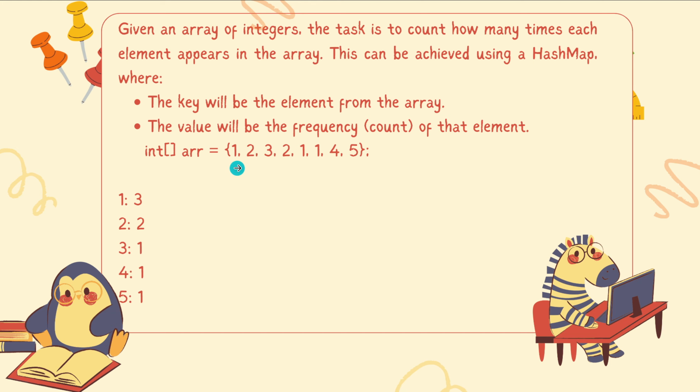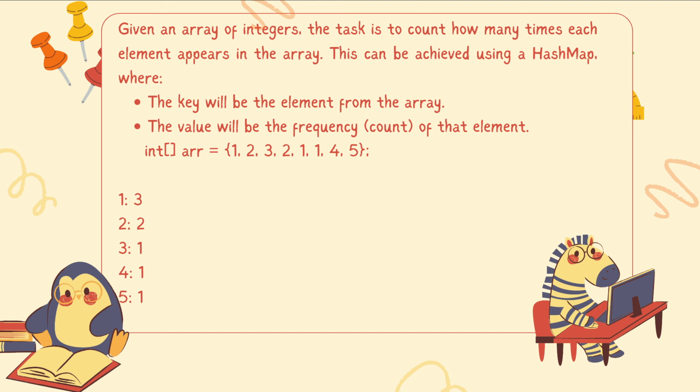Let it be 1. 1 has occurred 3 times, so its frequency is 3. 2 has occurred 2 times, so its frequency is 2. The remaining elements occurred only once, so their frequency is 1. Here 1, 2, 3, 4, 5 are the elements, the keys, whereas the frequency count is the value. Since you are dealing with a HashMap, you have to deal with key-value pairs.